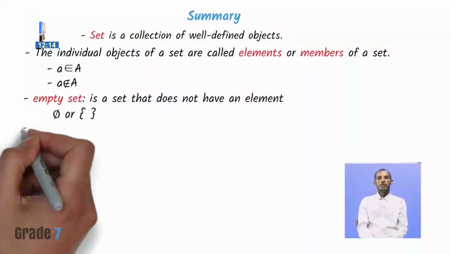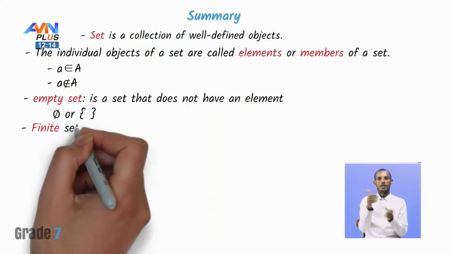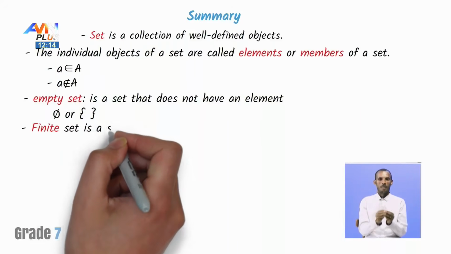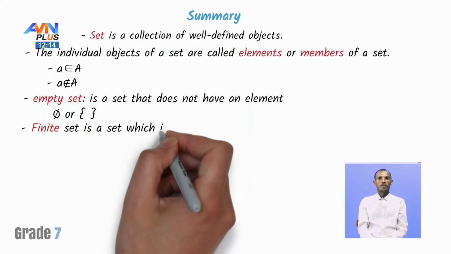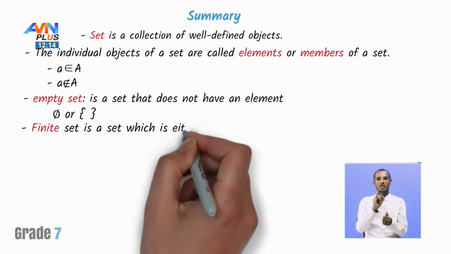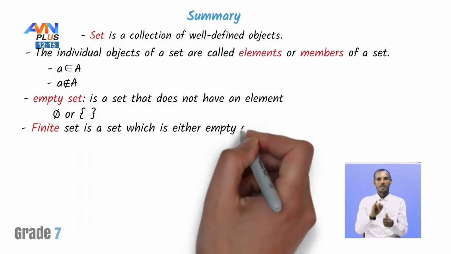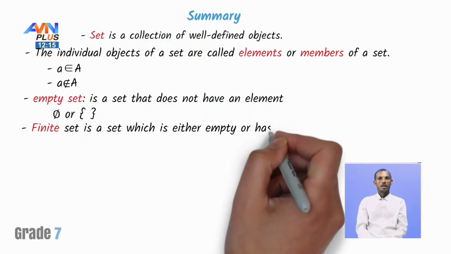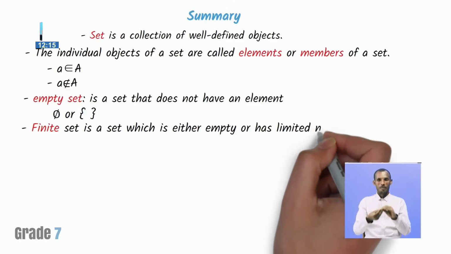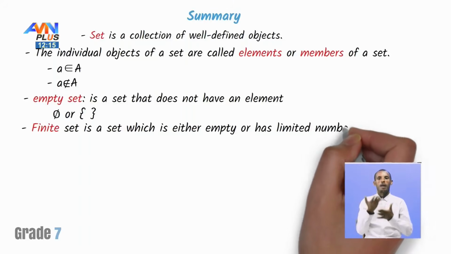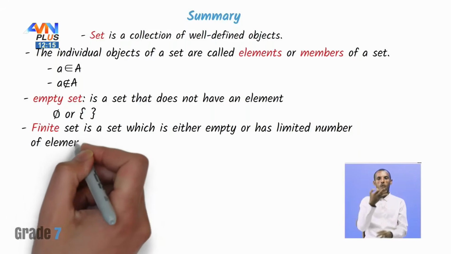And finally, we have seen about finite and infinite sets. We said a finite set is a set which is either empty or has a limited number of elements.